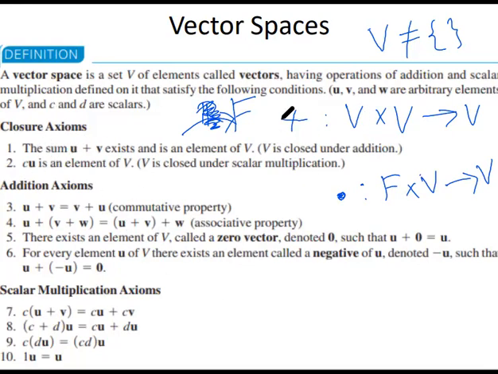These are two operations: you have a non-empty set with these two operations, over the field F. So here you have V, a non-empty set, this operation, and scalar multiplication over field F. Okay, let's go from here.